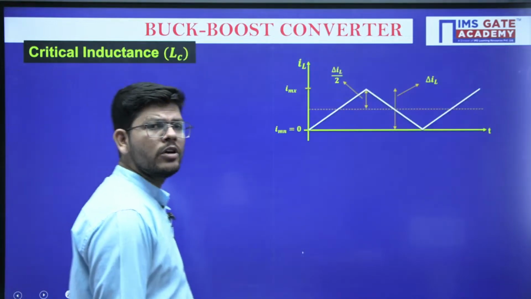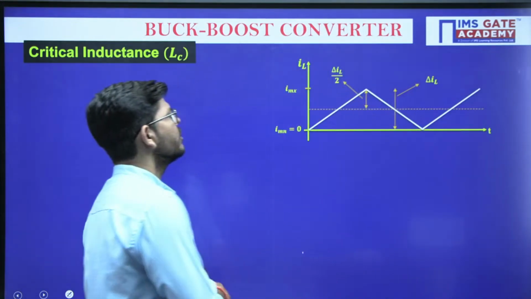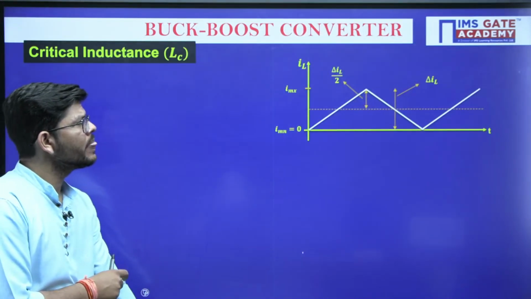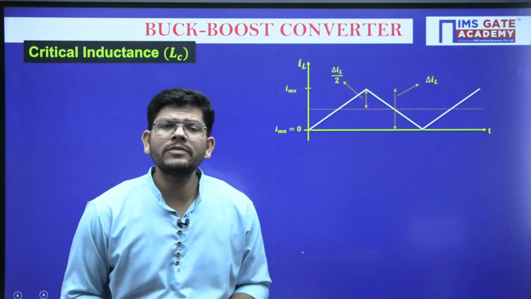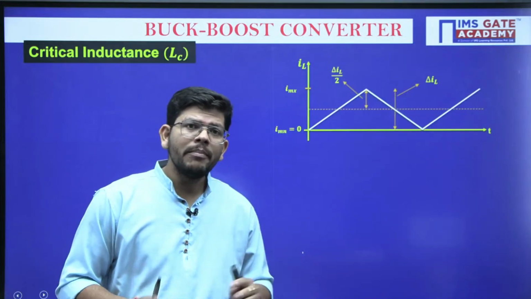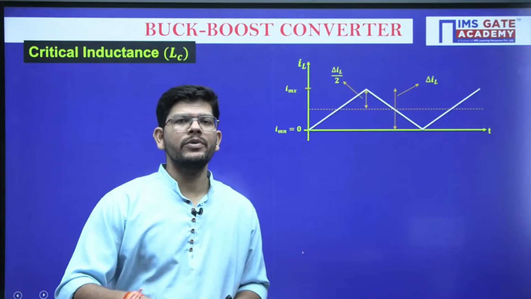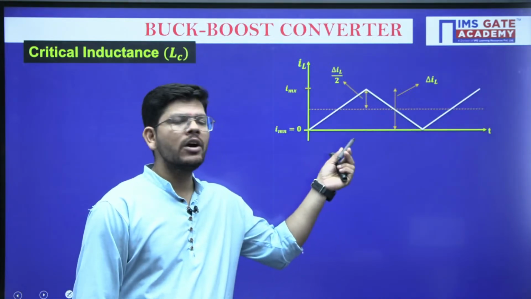Critical inductance. So what will be critical inductance? As we have discussed in boost and buck converter, the inductor current we have assumed here is continuous. Okay. It may be continuous if the inductor is able to sustain the energy for a particular duration, which we are calling on time and off time.